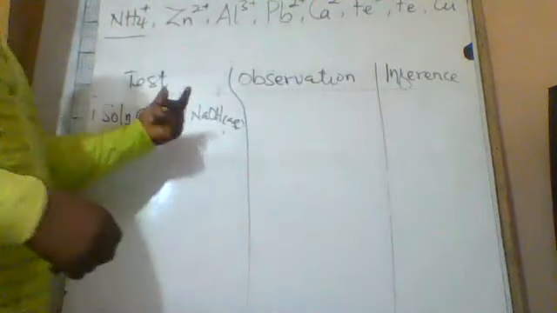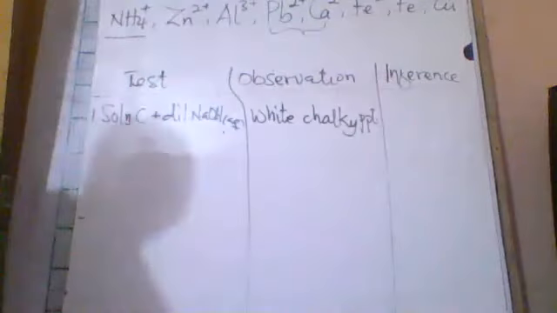Now, if the test solution contains lead or calcium, that one will give you a white chalky PPT, white chalky precipitate.